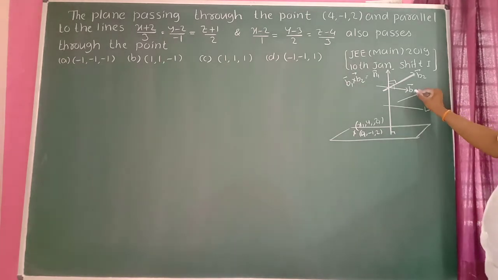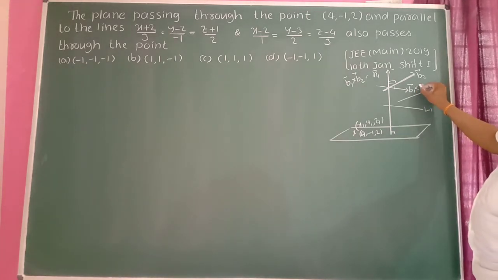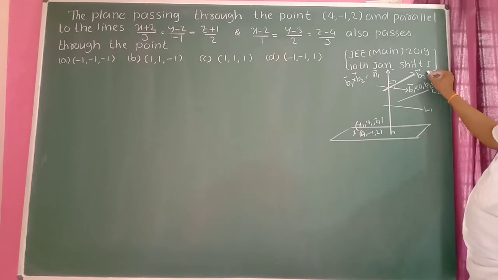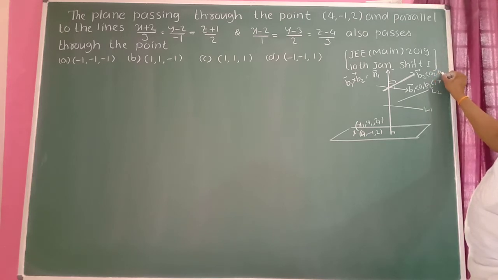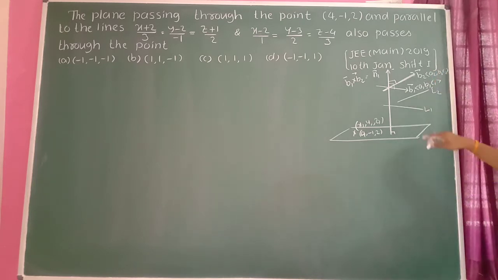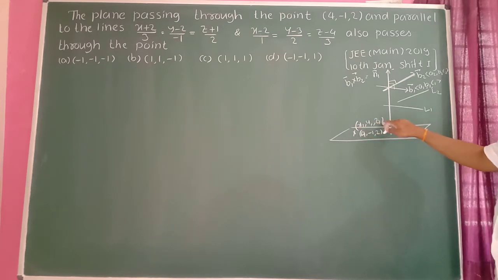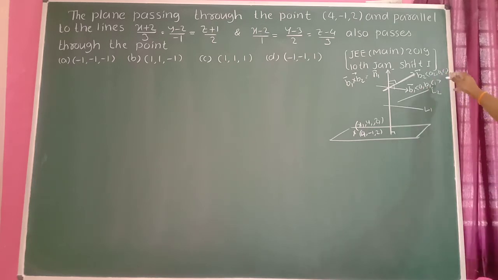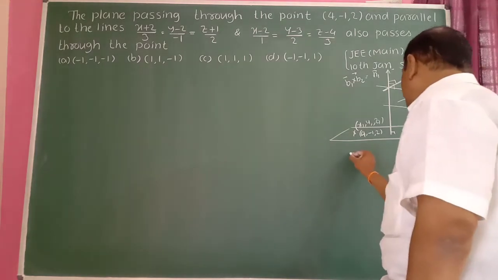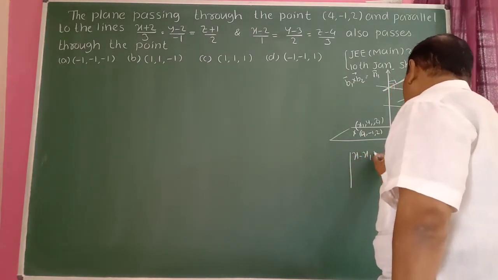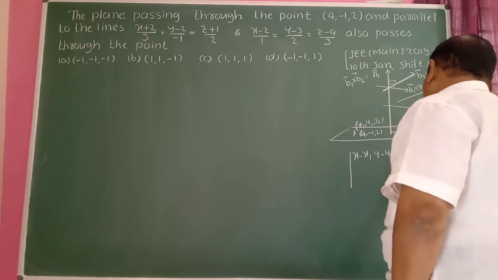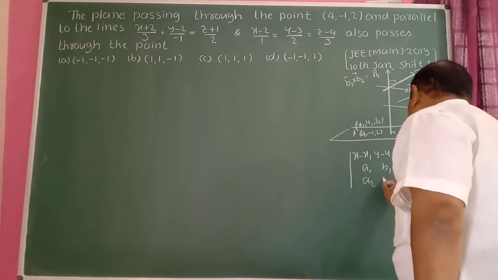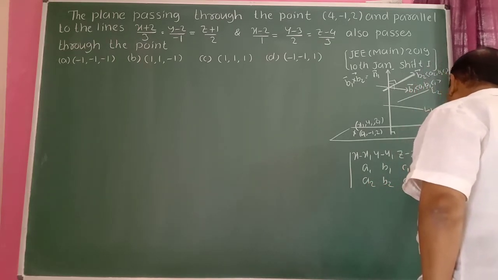The direction ratios of V1 are a1, b1, c1, and the direction ratios of V2 are a2, b2, c2. The plane passing through the point x1, y1, z1 and parallel to two lines has the equation: determinant of x minus x1, y minus y1, z minus z1; a1, b1, c1; a2, b2, c2, equal to 0.